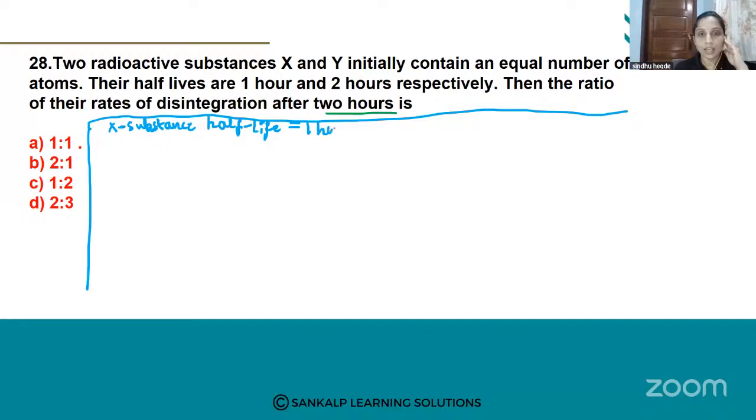Next, substance Y contains a half-life of 2 hours. The question mentions 1 hour and 2 hours respectively. Only these two things are given here. Then 1 hour is nothing but T1, and 2 hours is nothing but T2.